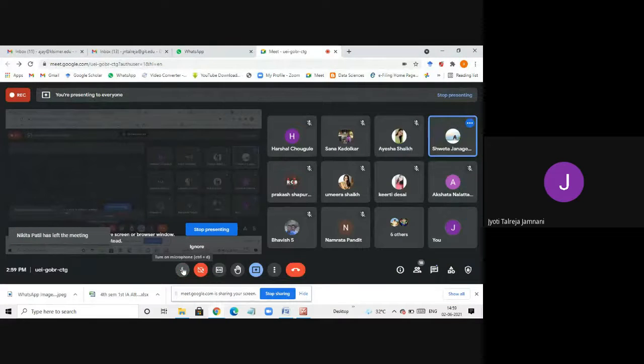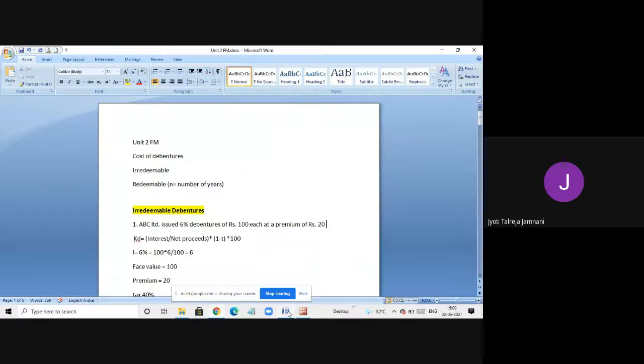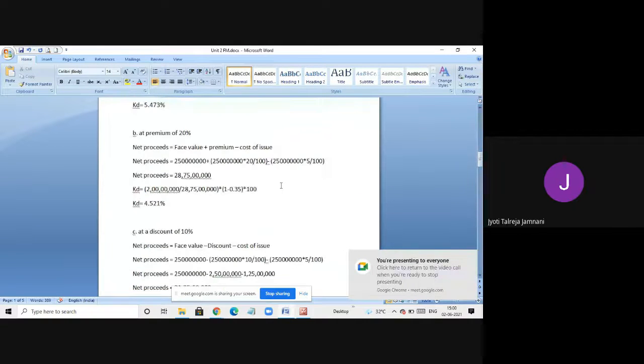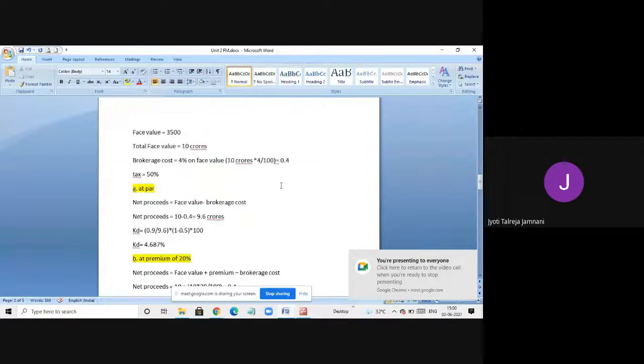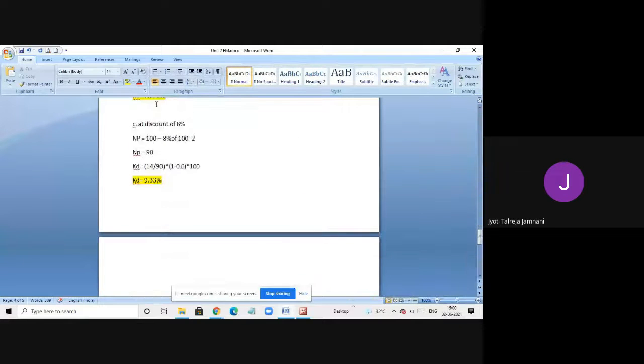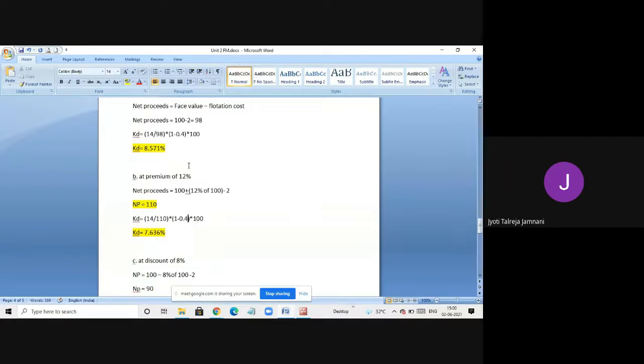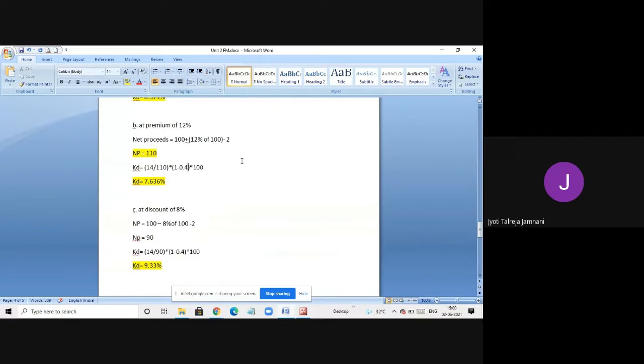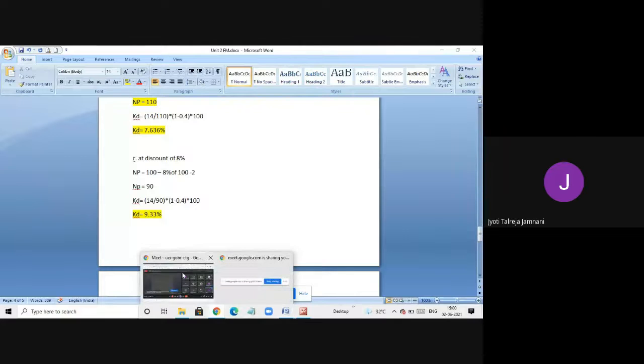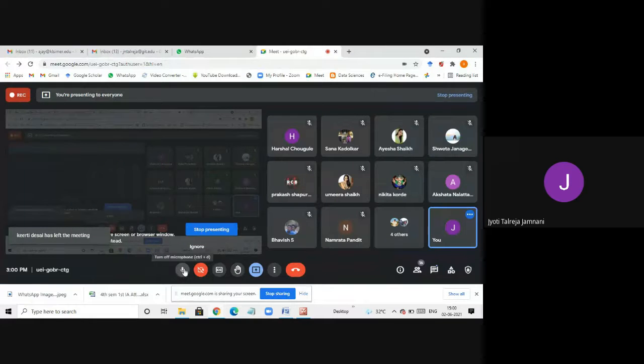Yes, tell me. In the last sum, at premium and at discount, instead of writing 1 minus 0.4, you have written 1 minus 0.6. Okay. I've corrected it.